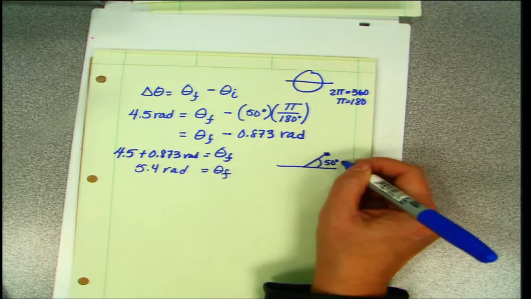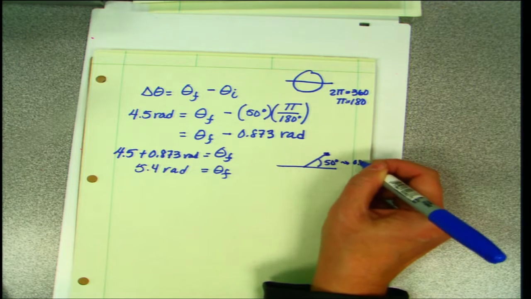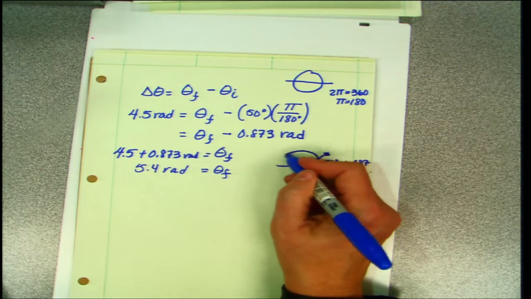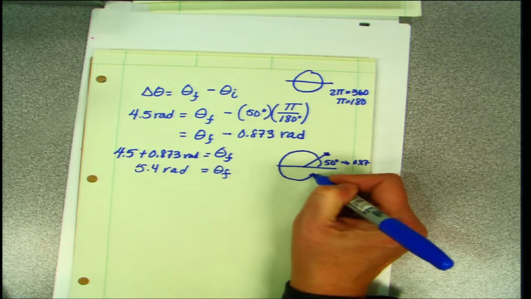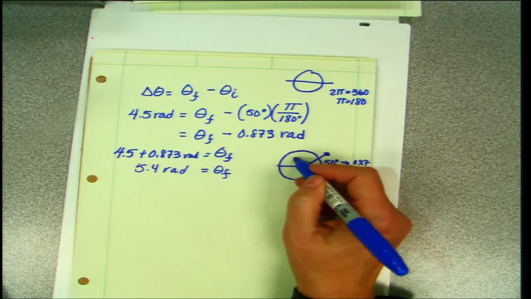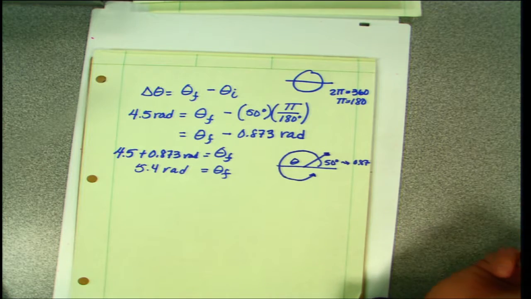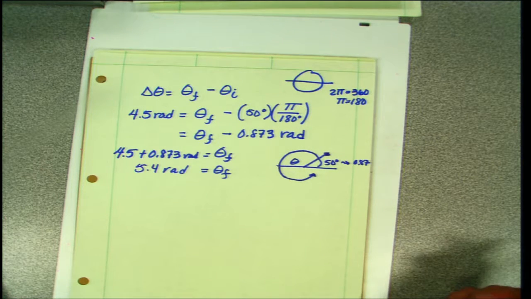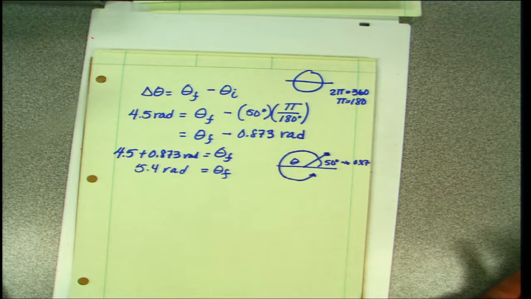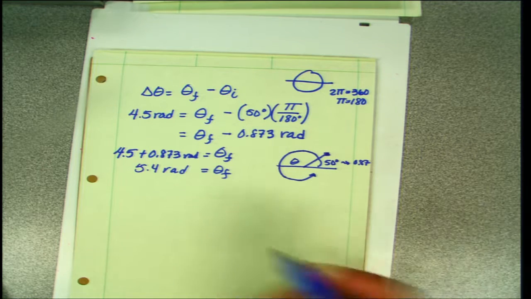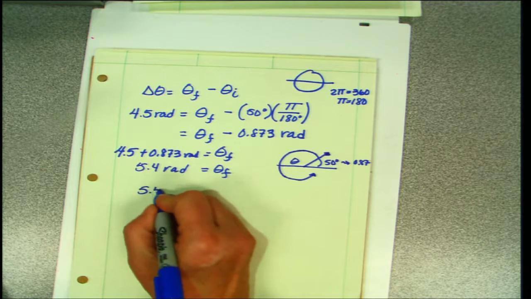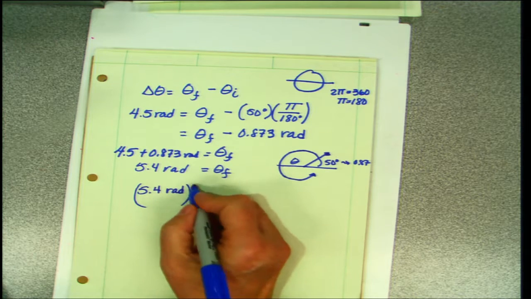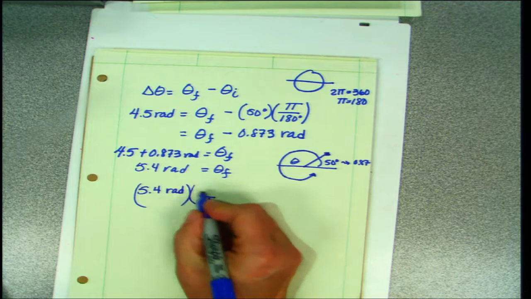To give ourselves a feel, does that make sense or not? I'm going to convert it back. So it's 5.4 radians, and pi radians is 180 degrees. If I do that, I'm going to find that it's 309 degrees. Then if I were drawing my picture, it would look like this.